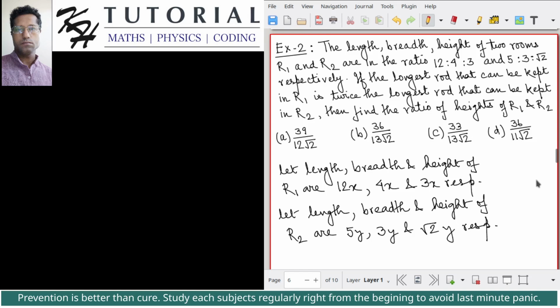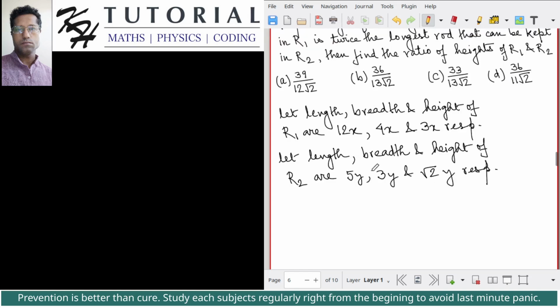Now, what will be the length of the diagonal, or the longest rod that can be placed in room R1? The length of the diagonal of R1 will be equal to the square root of the sum of the squares of length, breadth, and height.